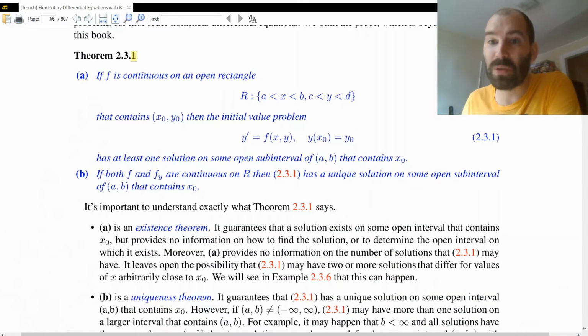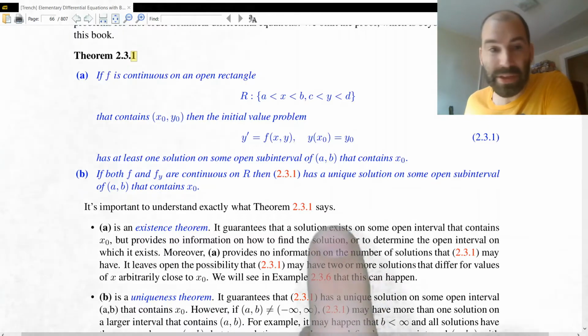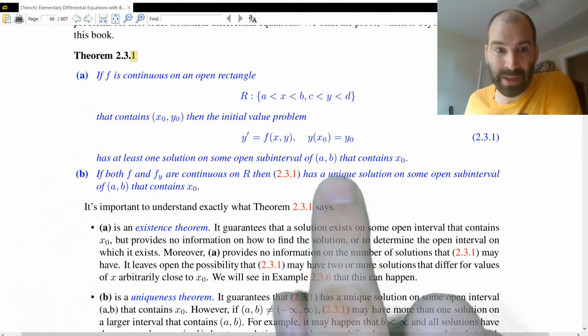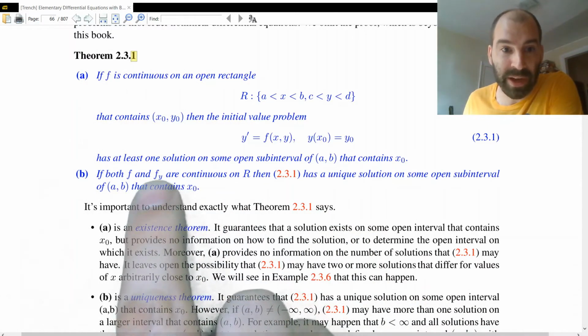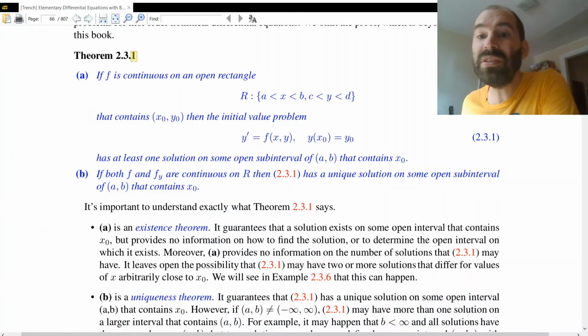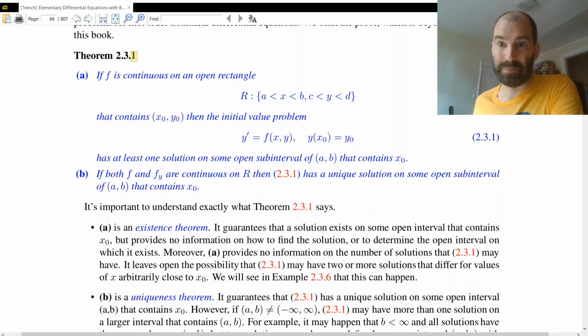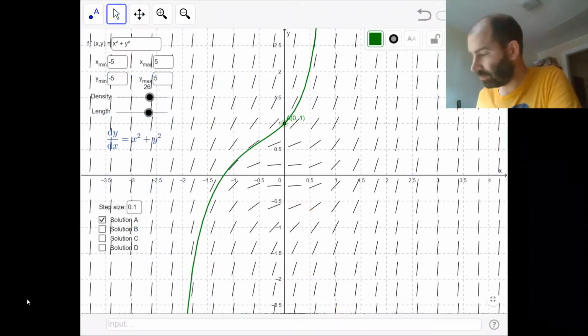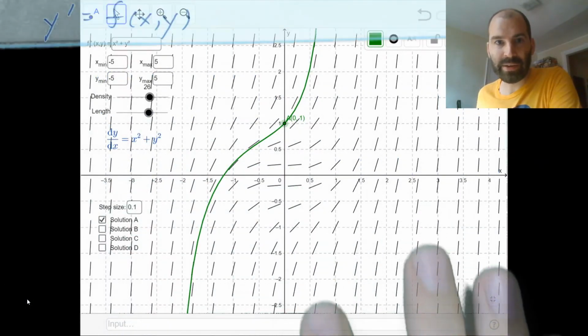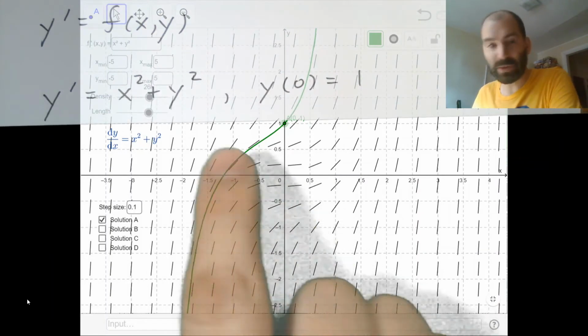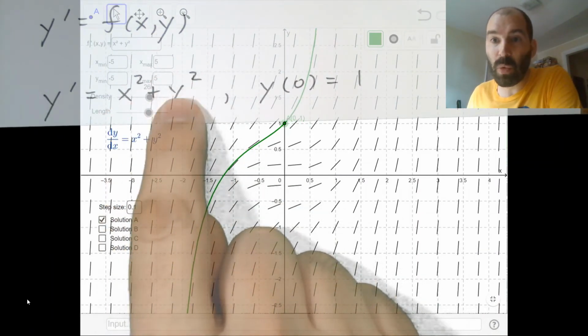Unique means it's the only one of a kind, right? So this part B is telling us that if you can further verify that fy is continuous, then we know that there's only one solution in that rectangle. Now, in the example that we were looking at, where we had x squared plus y squared, what's the y derivative of this?